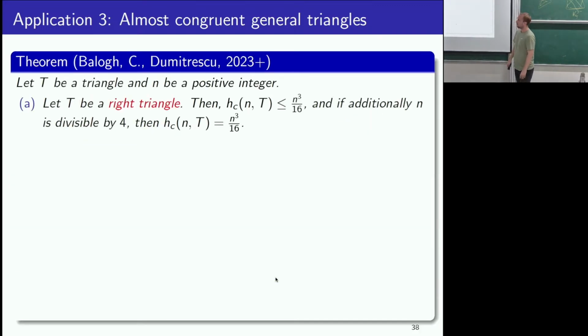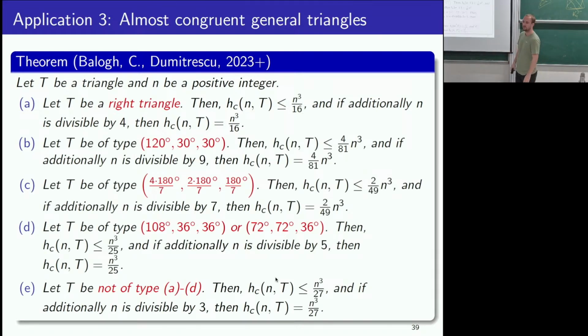Yeah, and our main result is a full characterization. So you can go through our list. You can take your favorite triangle and then you have to check which of the bullet points it falls into, and we give you the right answer. Let's focus on the red displayed things first.